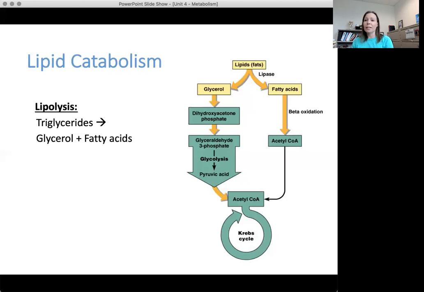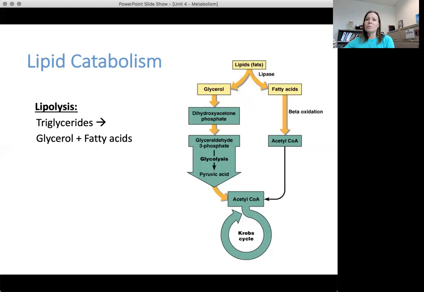So these ketone bodies are now in the bloodstream, and they can be used by other cells to make acetyl coenzyme A again, and you can use them to make ATP. But it could lead to a condition called ketosis. That's when ketone bodies start accumulating in the blood. And that's often a result of starvation or a very, very low carb diet, or if you have diabetes and it's untreated.